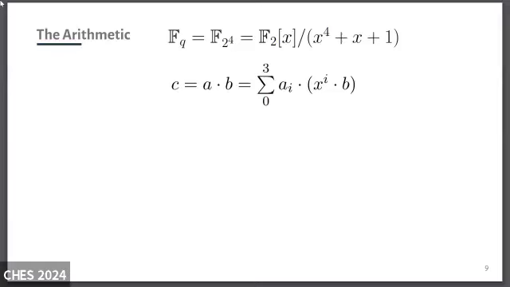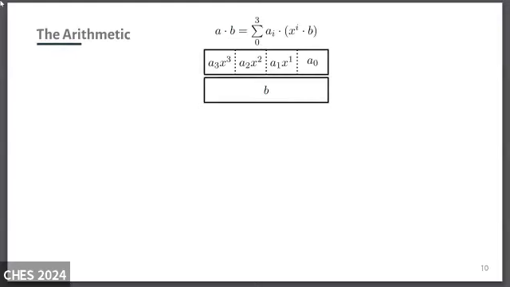I can rearrange this formula a little bit to compute this polynomial multiplication. The only thing I did here is move the parentheses to the right side. So ai are the coefficients of a, and I simply included x to the power of i on the b side of the equation. This is better visualized on the following slide, where on the top row you have our polynomial a, and on the bottom the polynomial b, with the 4 different coefficients.